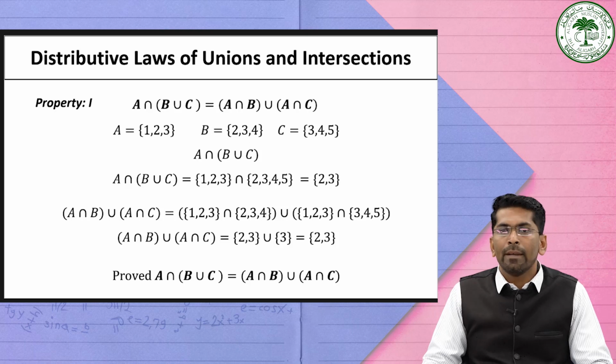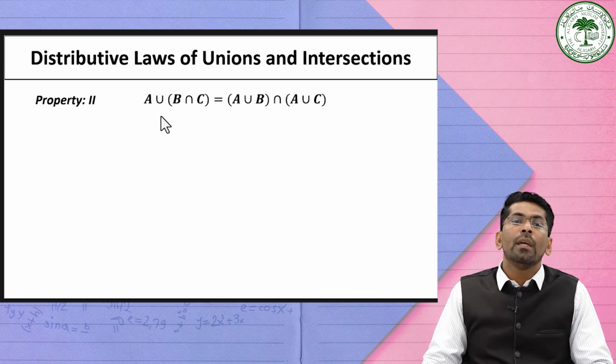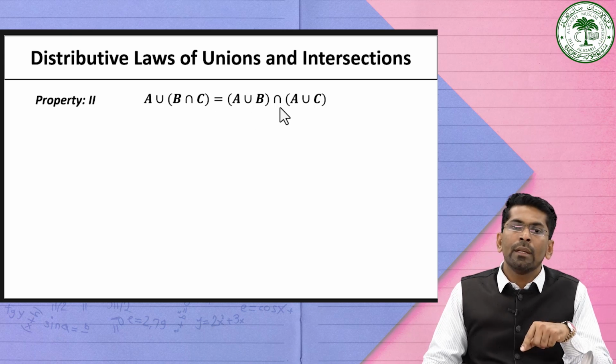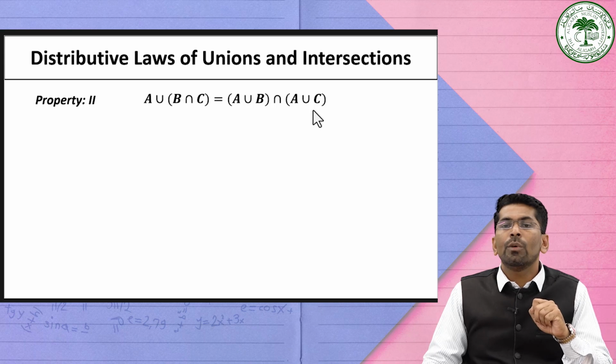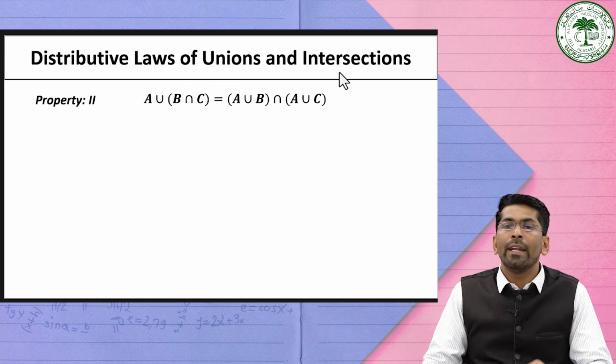A intersection C. The second property states, similar to the previous property, that A union B intersection C is equal to A union B intersection A union C. So similar to the previous property, we have another property related to the distributive law of union and intersection.